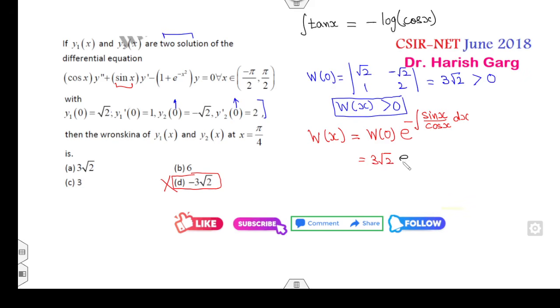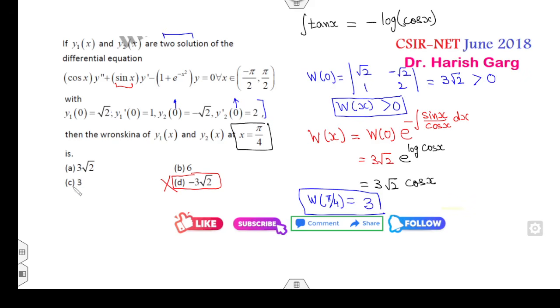So minus minus positive. It's e raised to power log cos x. So that will be 3 root 2 cos x. Your target is to find the Wronskian at pi by 4. So what is the Wronskian at pi by 4? Cos pi by 4 is 1 by root 2. So root 2 is cancelled. C is the right answer of the problem.